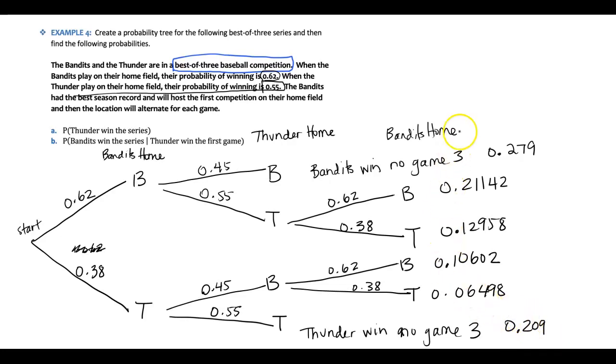Notice that if you added up all of these ending branch probabilities, you should get 1.